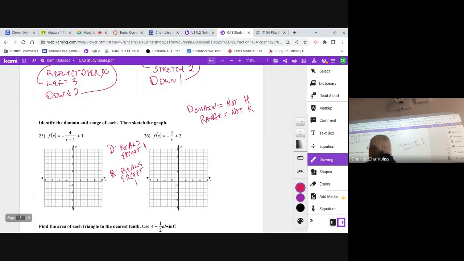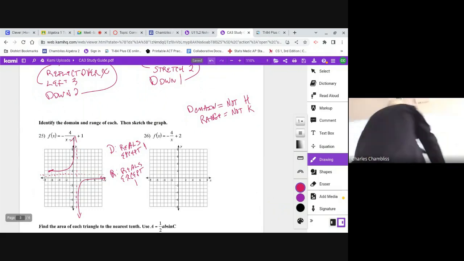So I'm going to go here and draw an asymptote at x equals 1. I'm going to go here and draw an asymptote at y equals 1. And then I would look at the negative. That means it's going to be reflected. So here is basically my graph, without even having to go and look at the calculator, just knowing the asymptotes.